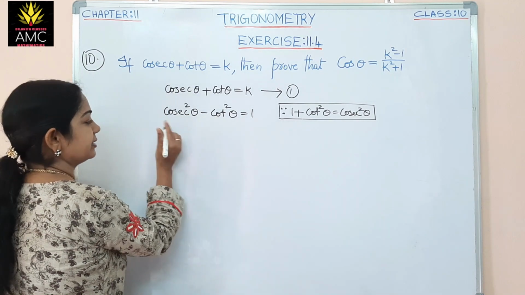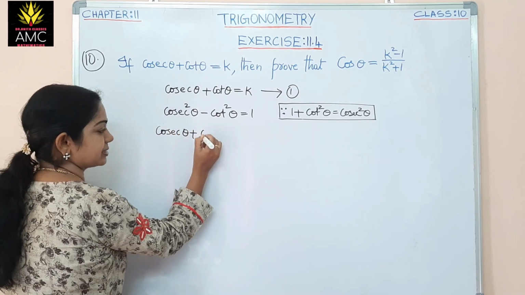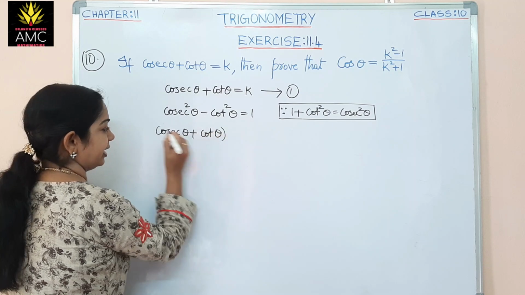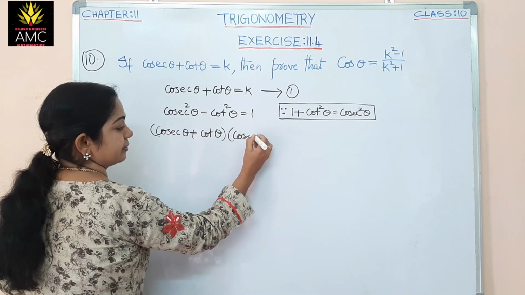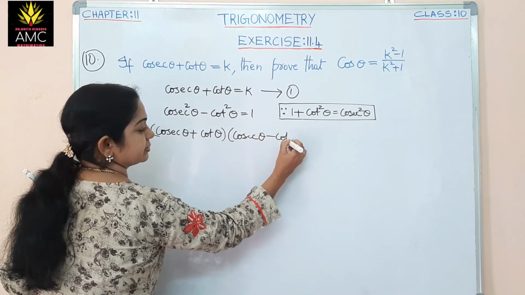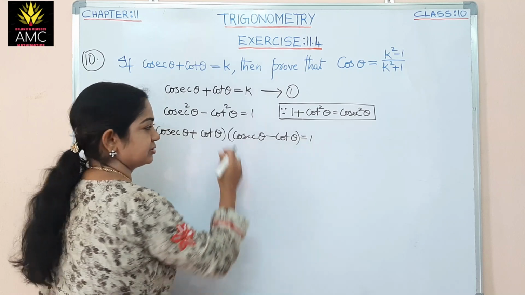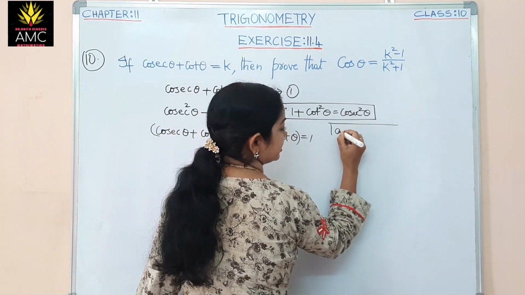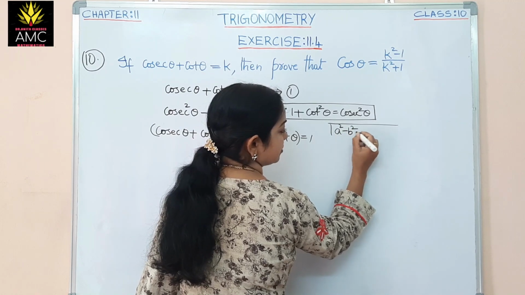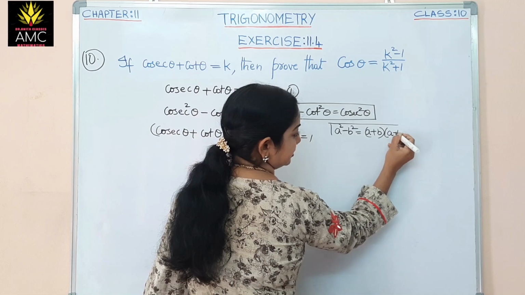So I'll expand it: a square minus b square is nothing but (a plus b) into (a minus b), where a and b are cosecant and cot. That is equal to 1. So we have used the algebraic identity a square minus b square is (a plus b) into (a minus b).